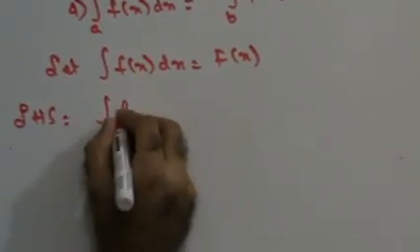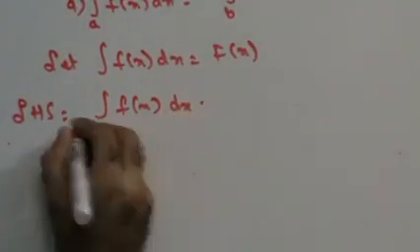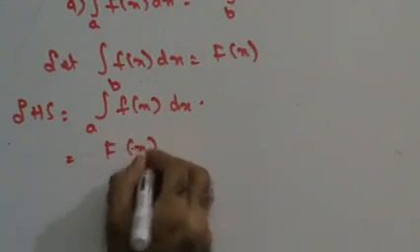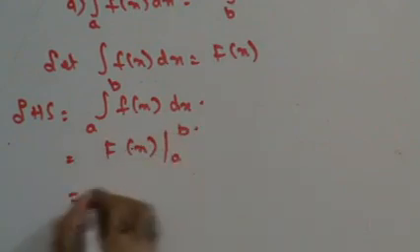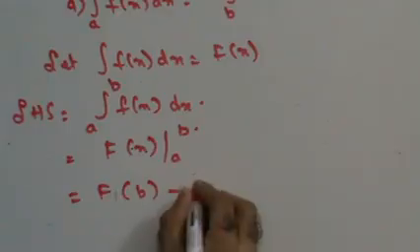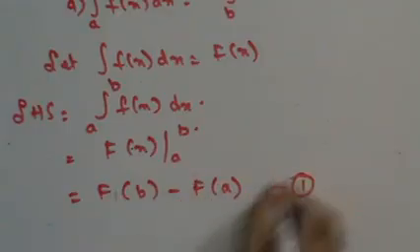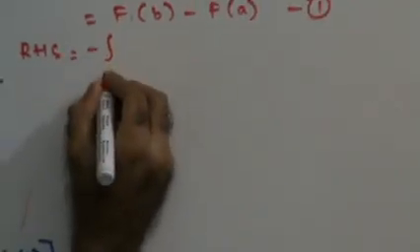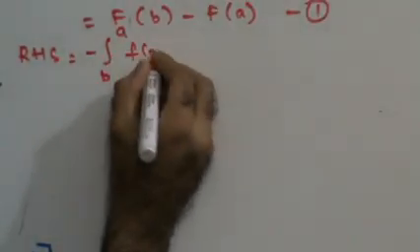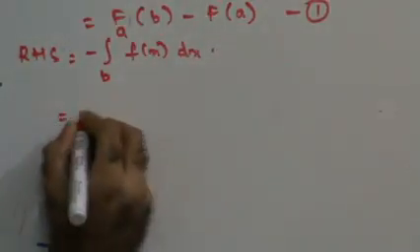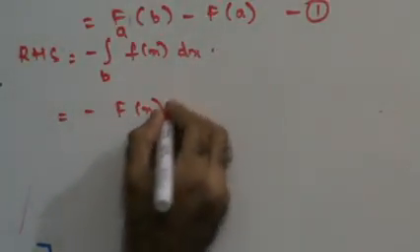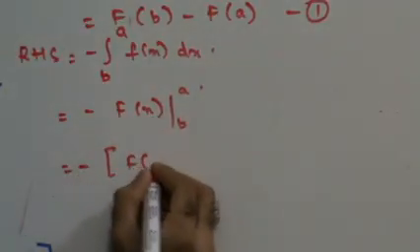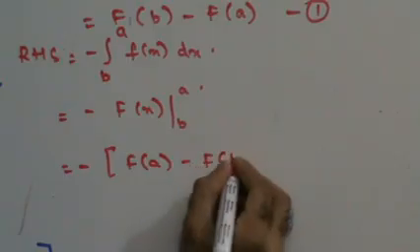LHS is the integral of f of x with respect to x from a to b, which will be nothing but F of x from a to b, which is nothing but F of b minus F of a. Let's call this equation 1. Let's see the right hand side, people. Minus the integral from b to a of f of x dx is going to be minus F of x when the limits are from b to a, minus F of a, upper limit minus lower limit.